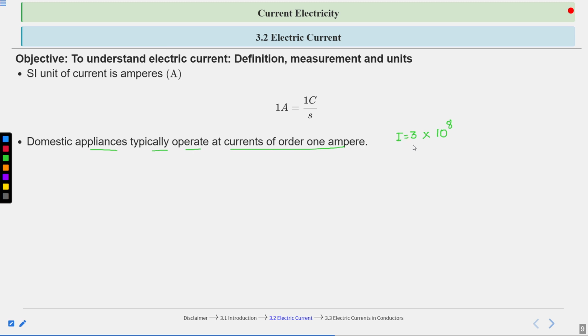Suppose the value is 3 into 10 raised to the power 8, we can say the current is of the order of 10 raised to the power 8. We look at how much power 10 is raised to, so we say the current is of the order of 10 raised to the power 8.